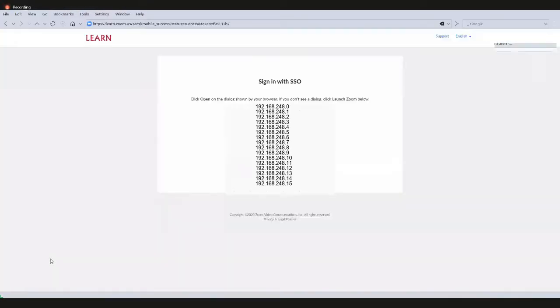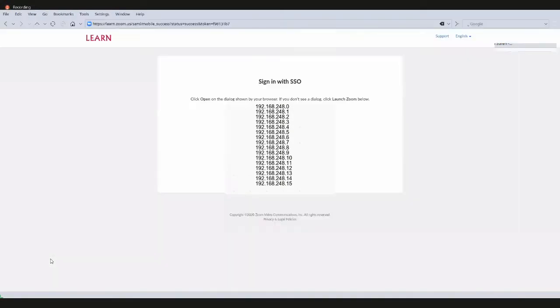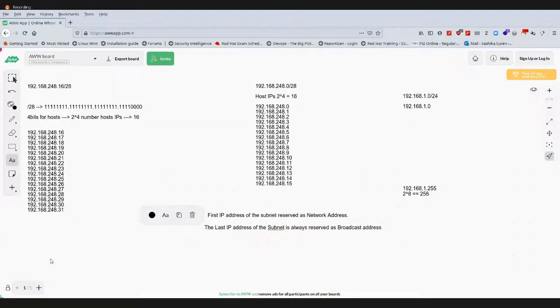As the broadcast address. That is called the broadcast address. So keep in mind that the last IP address of the subnet is always reserved as a broadcast address.